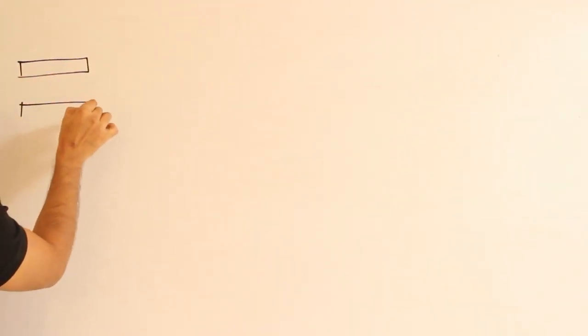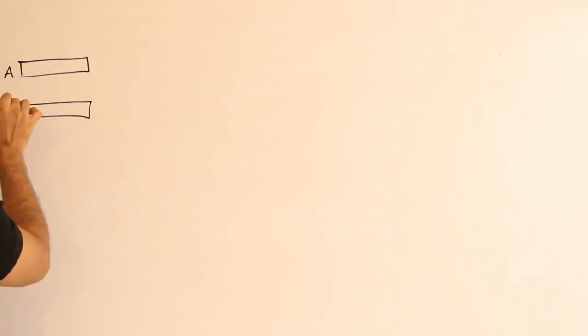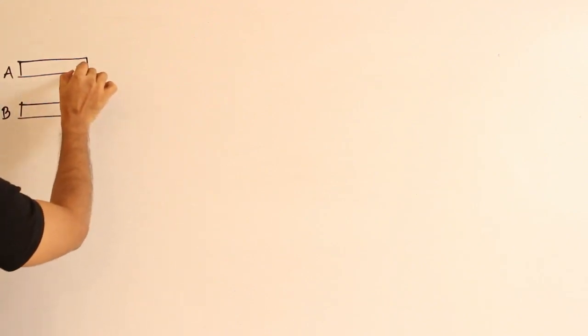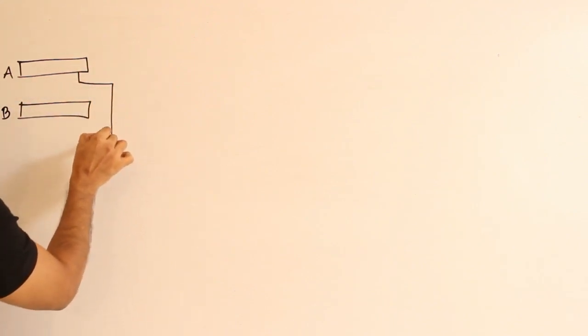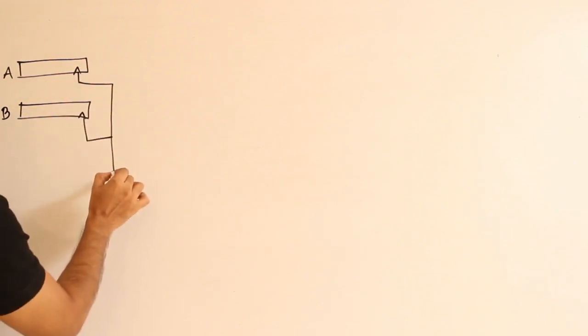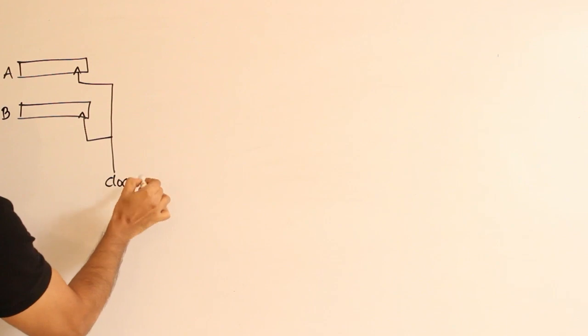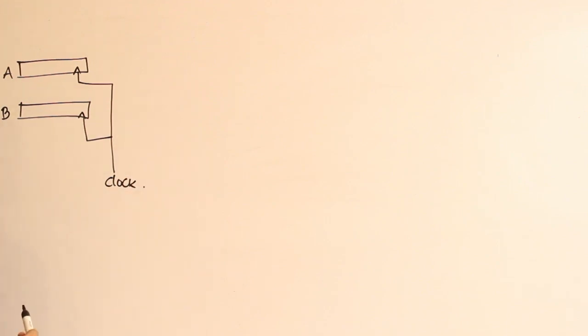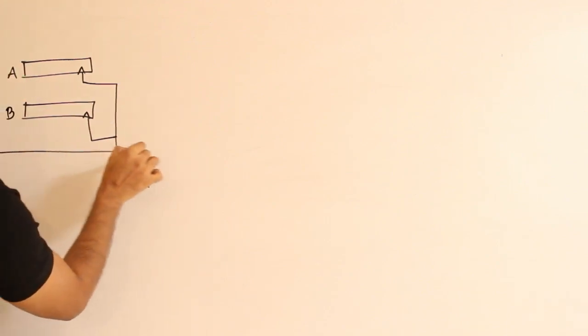So why is it useful here is the way we are doing this transfer. Assume that there are two registers, this is register A and register B, and both are using the same clock, which means a single source is coming, and they are connected to the bus.